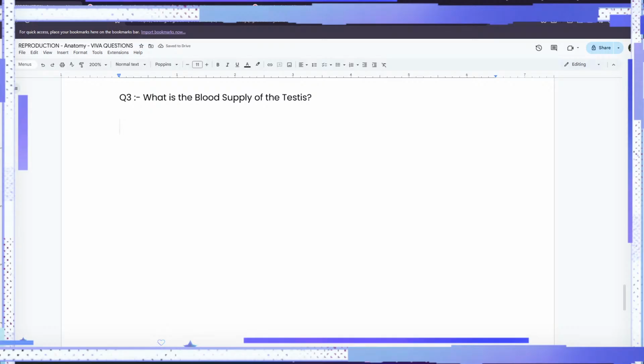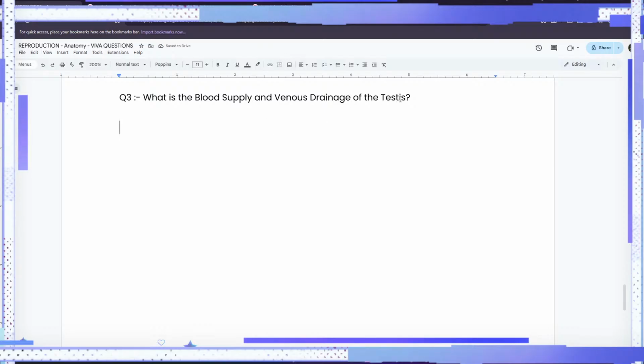That's a good question. What is the blood supply and venous drainage of the testis?